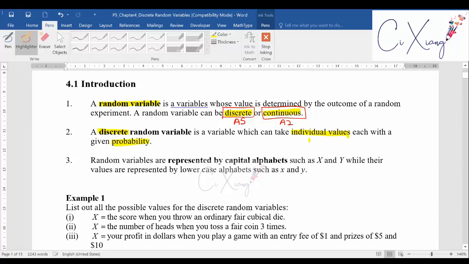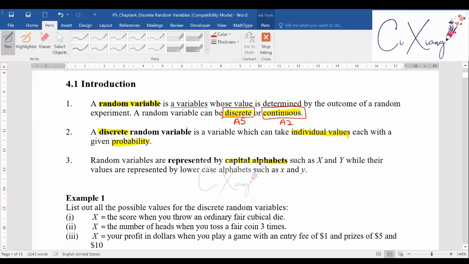This is what we are going to learn for this video. Random variables are usually represented by capital letters such as X and Y, and their values are represented by lowercase letters such as x and y. So this is a very brief introduction to the discrete random variable.